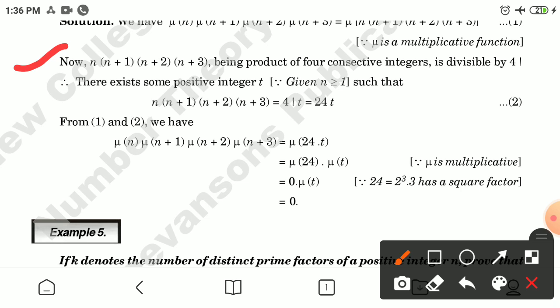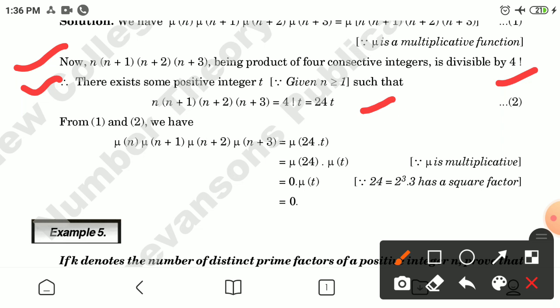consecutive integers, is divisible by 4 factorial, that is 24. Therefore there exists some positive integer t such that n(n+1)(n+2)(n+3) is equal to 4 factorial times t, that is 24 times t, marking this as number 2.